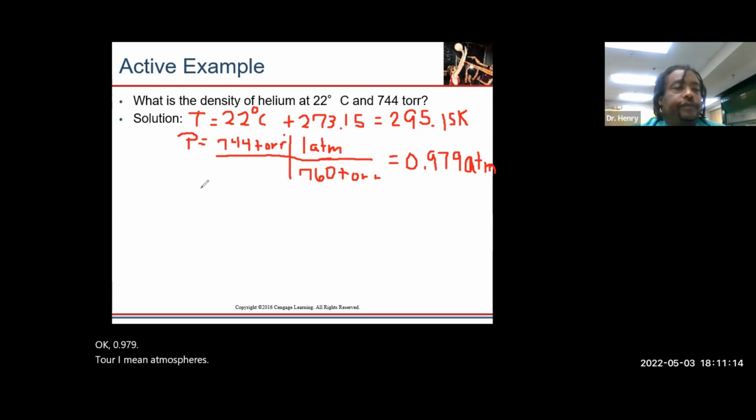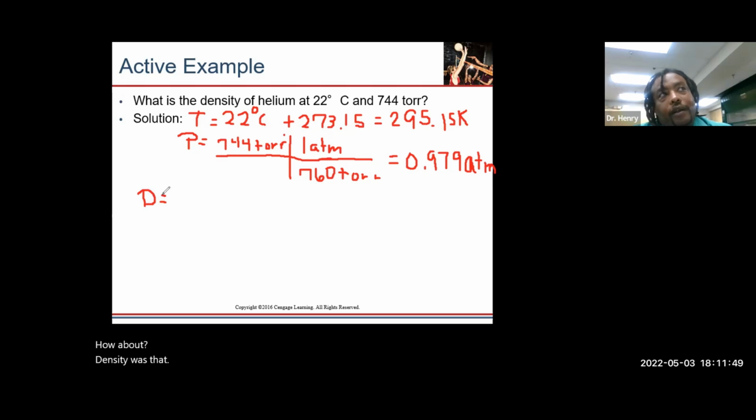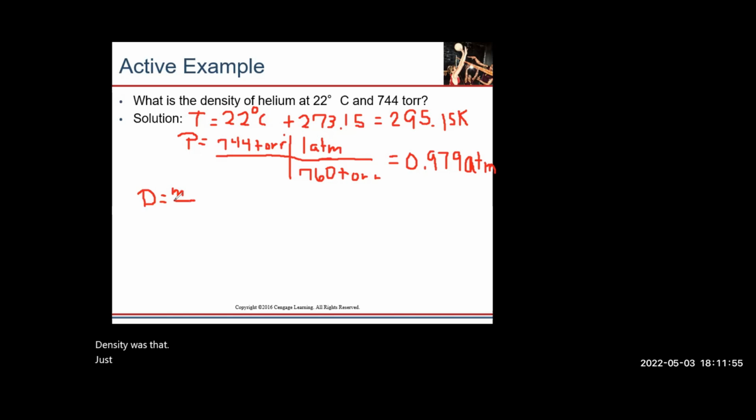Okay, so then what am I going to use? Do we get the molar mass of helium?